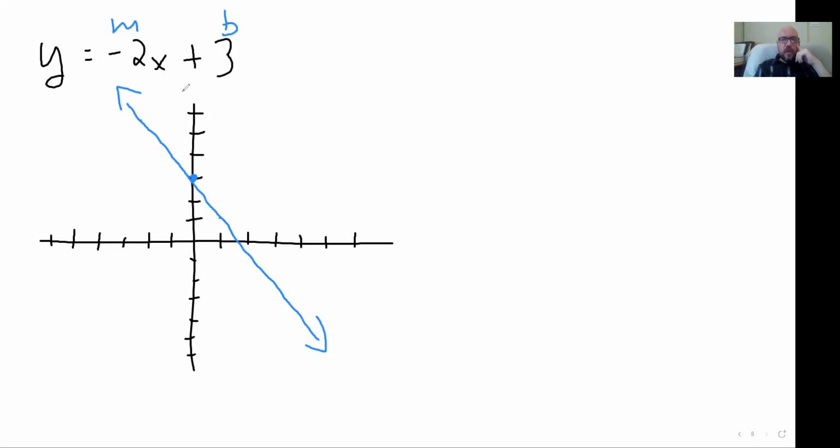Let's see another example here. So what if I do this? I'm going to make this a little bit harder by throwing in a fraction: y equals two-thirds x minus 1. Now, remember, I've defined slope in two different ways, which I hope wasn't too confusing.